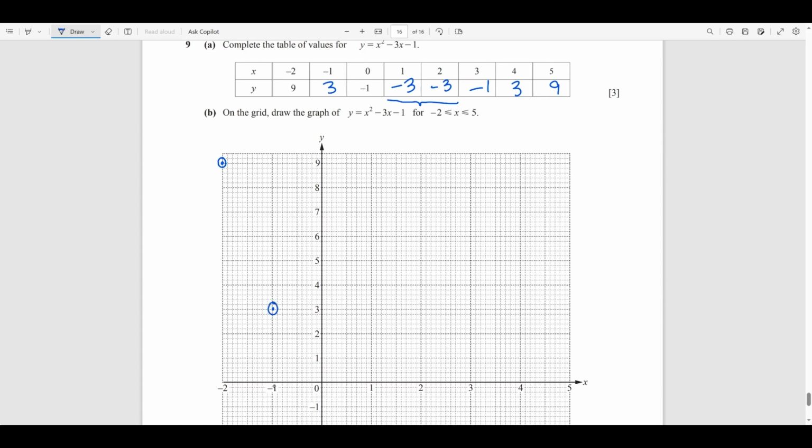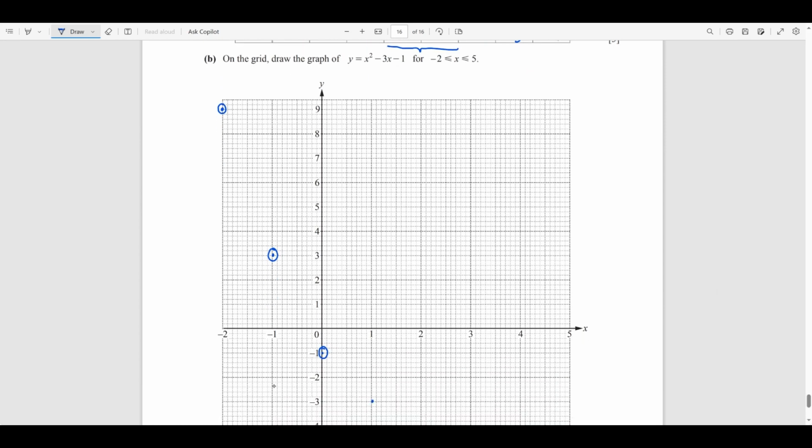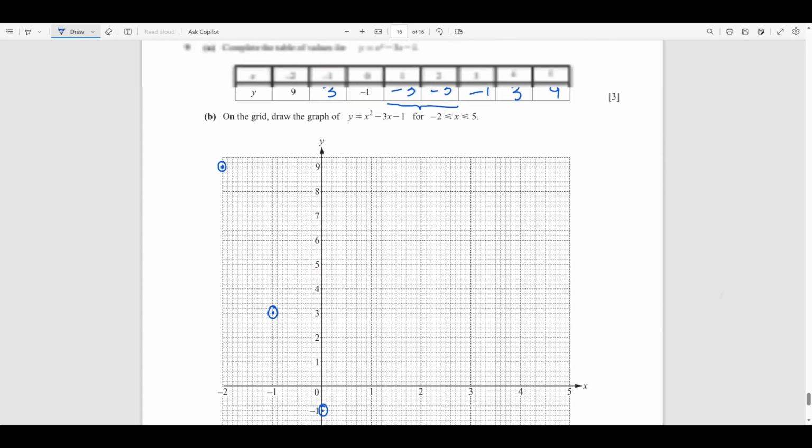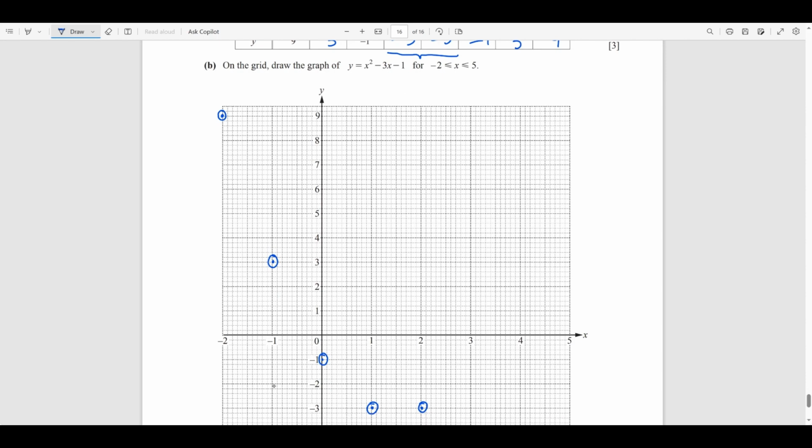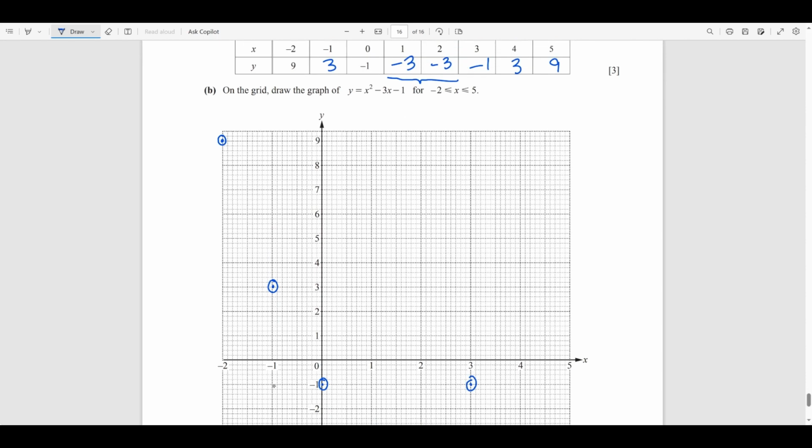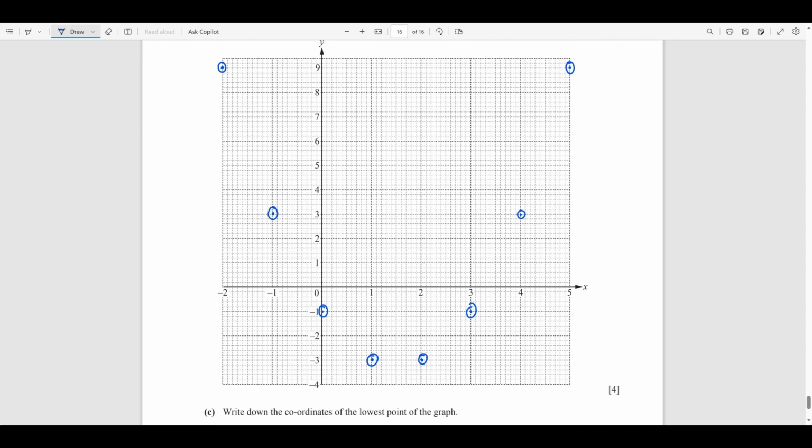And then 0 and -1, this is my point. 1 and -3 has to be here. 2 also has a -3. And then 3, -1, 4, 3, and 5, 9. Now I'm going to draw the graph, connect the points with a smooth curve.